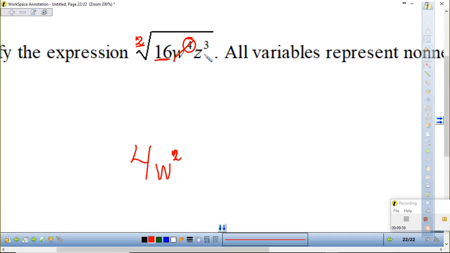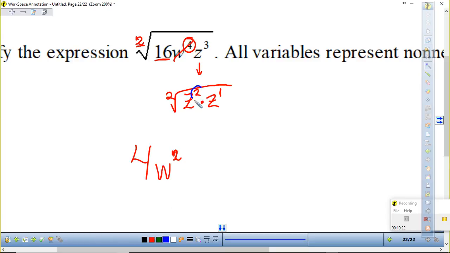Okay. Can we divide the 3 by 2? No, we end up with a fraction which ends up being a radical again. So in order to not do that, we need to rewrite this. This becomes z to the second times z to the first. Write the radical with the index. Now let's do that piece.